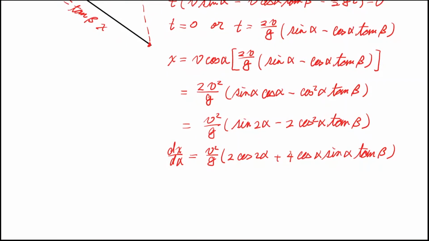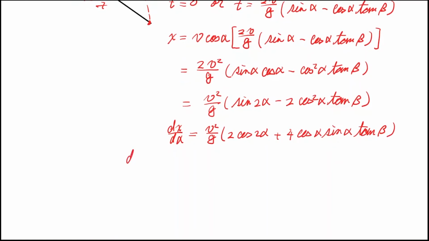Thank you. That's great. Now we set this thing to 0 in order to find the maximum. That means this thing inside, 2 cosine alpha, is equal to negative 4 cosine alpha sine alpha. Wait, that's another cosine, 2 sine cosine, right?